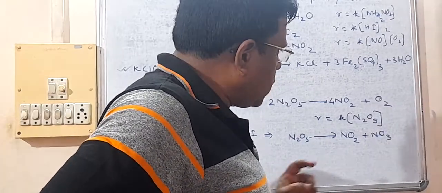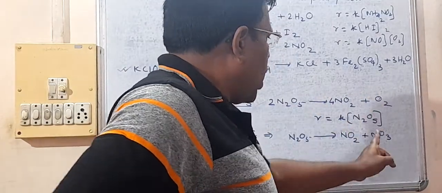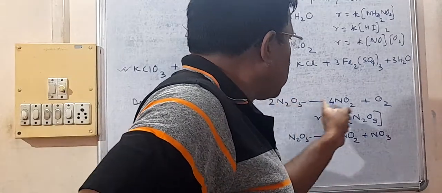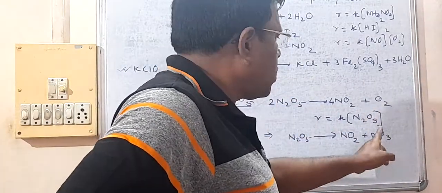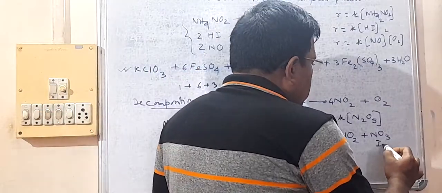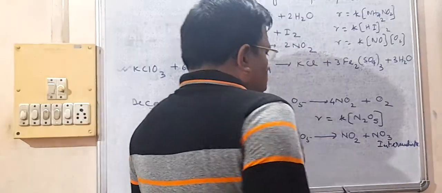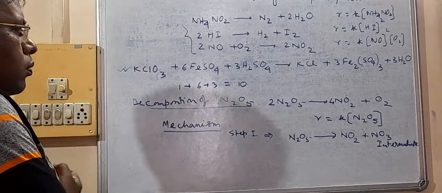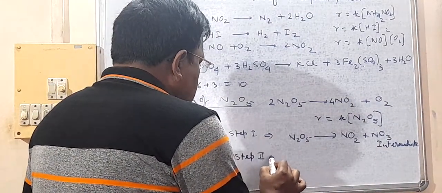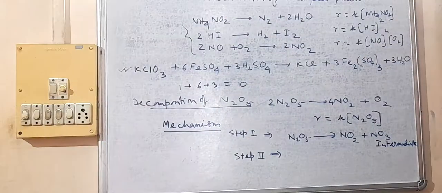And one more thing that you see, NO3 is nowhere in the main reaction. So NO3, which is formed here in step 1 and is nowhere in the main reaction, is called an intermediate. Now, in the mechanism, the intermediate should disappear ultimately.